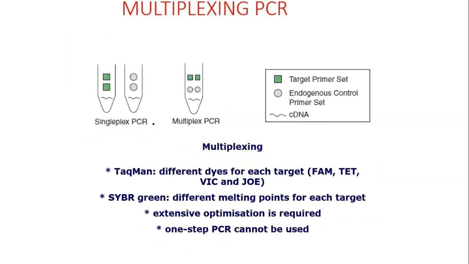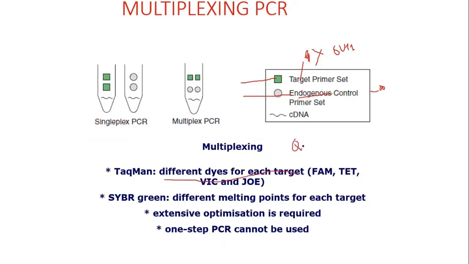You can do a multiplexing PCR also, where instead of doing one reaction in a tube, you can look for both the endogenous control and the target sequence, that is gene X and the endogenous gene like actin, and sucrose transporter 1. Both can be checked in the same tube by using different dyes for each target.